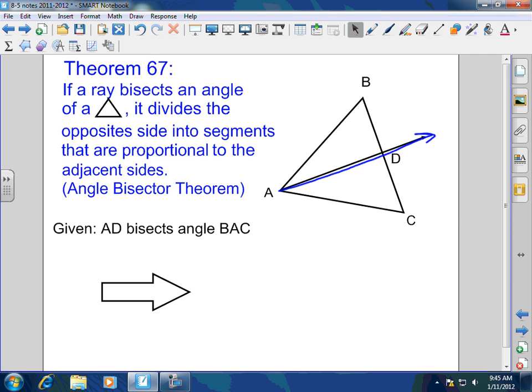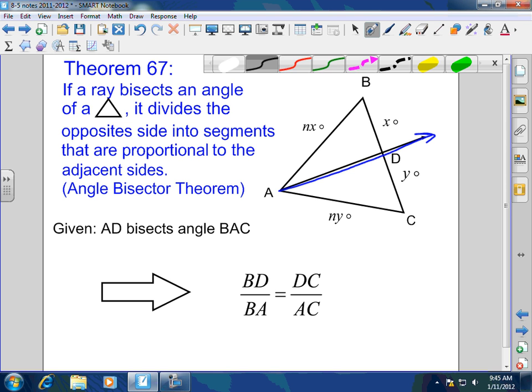So when I'm given that AD is bisecting angle BAC, I'm going to know that BD, which is X, is going to be, why is that in degrees? That should not be in degrees. I'll fix that in a second. To NX, and DC, which is Y, to AC. Now let me just get rid of this though, because that's just wrong.